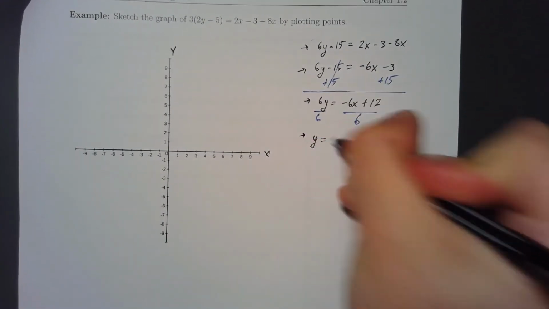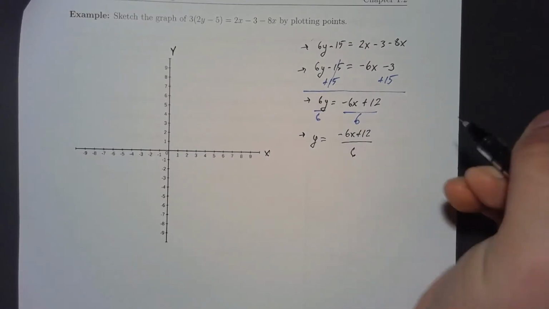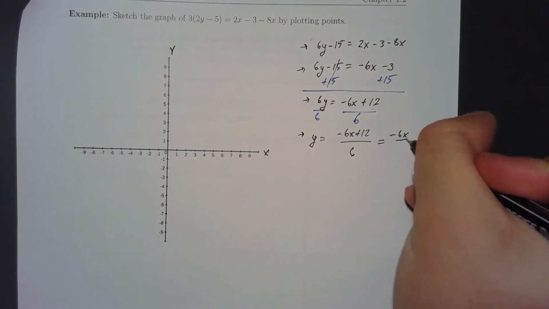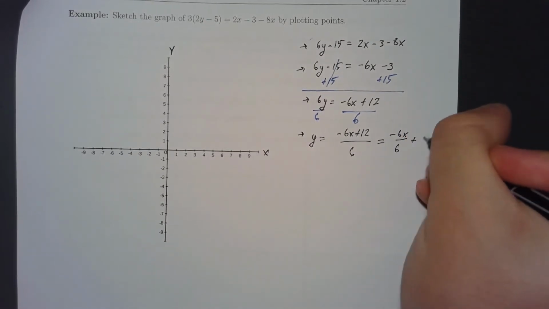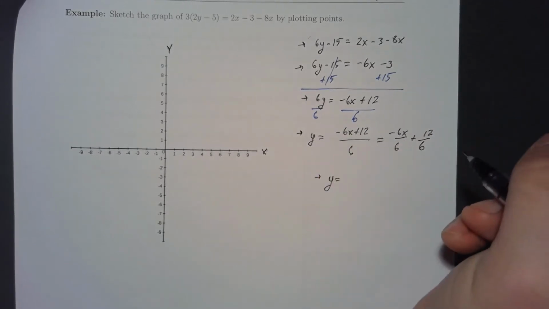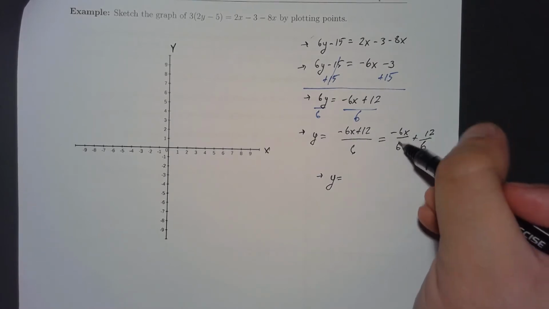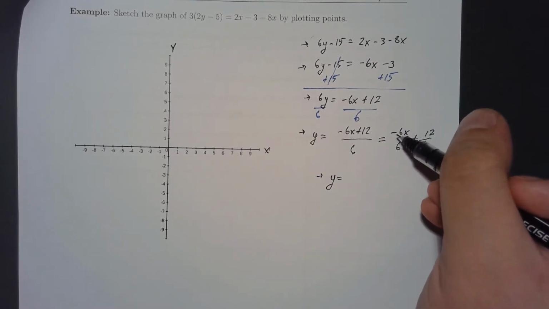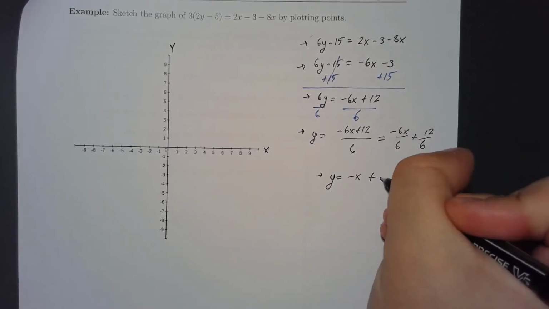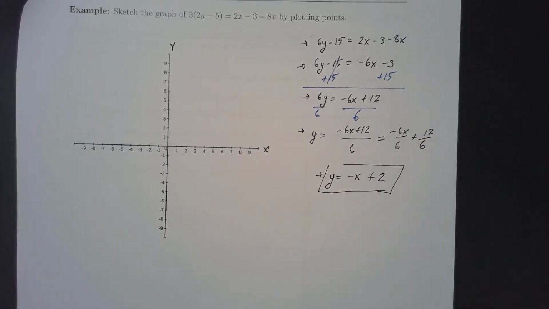You have y equals negative 6x plus 12 over 6, and that breaks up again to negative 6x over 6 plus 12 over 6. Negative 6 over 6, well, the 6's cancel, but I have a negative still there, so that's going to be negative x. 12 over 6 is 2. That's the slope-intercept form.